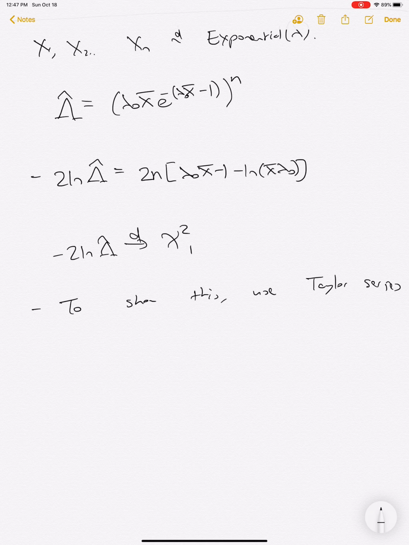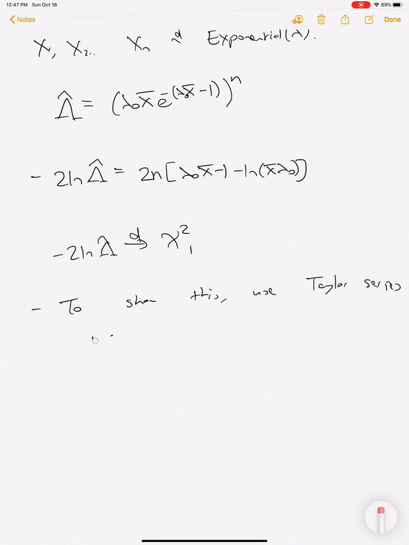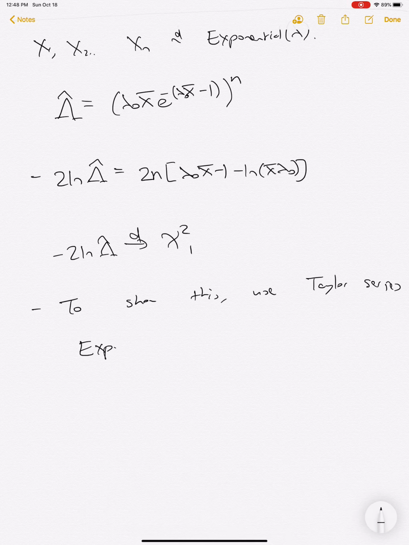To show this, we use the Taylor series expansion for ln x around x equals 1.